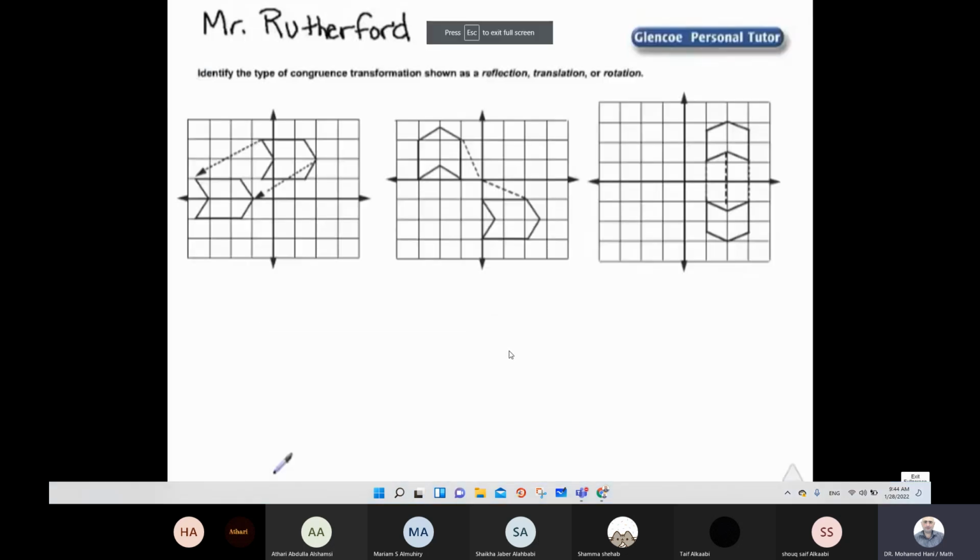Hi, this is Mr. Rutherford. In this problem, we will learn to identify congruence transformations. Identify the type of congruence transformation shown as a reflection, translation, or rotation.